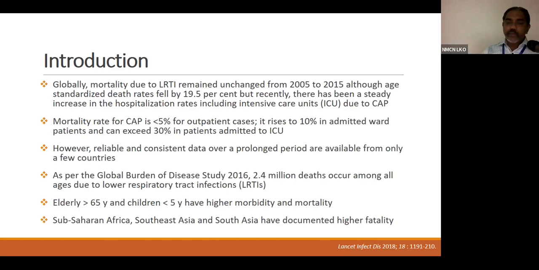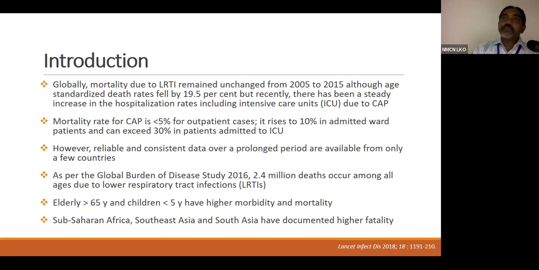These are some epidemiological facts about pneumonia: the mortality has remained unchanged between 2005 and 2015, and there has been a steady increase in hospitalization rates, including ICUs, due to CAP.